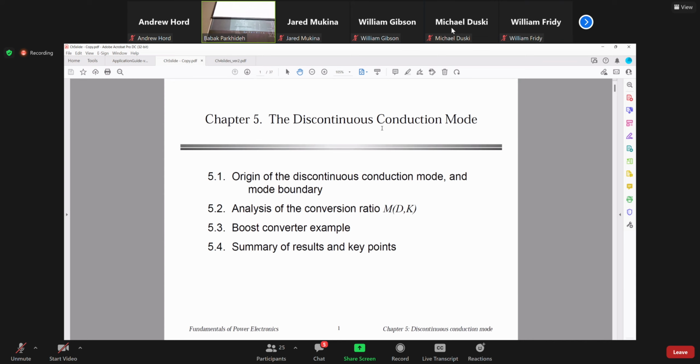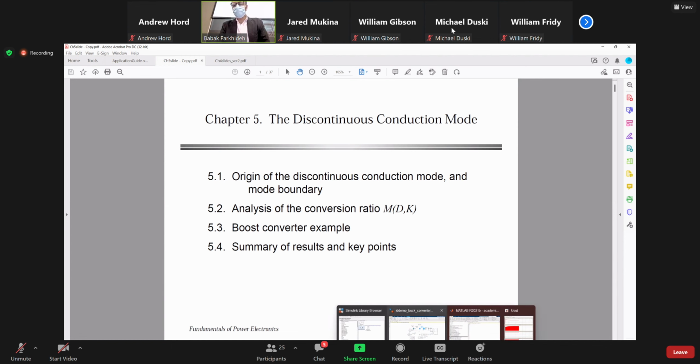And now, when you realize these single pole double throw switches with devices with limited capability of voltage and current in a direction, it affects this conversion ratio. That's why it's important that we study this. So I want to basically explain this through an example.